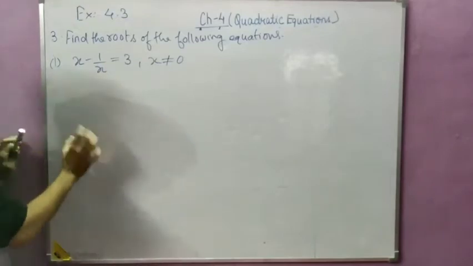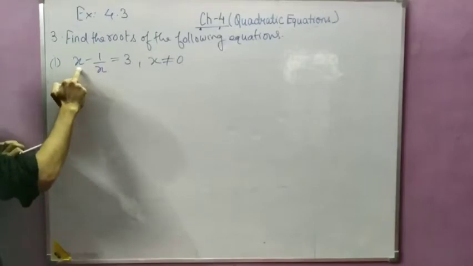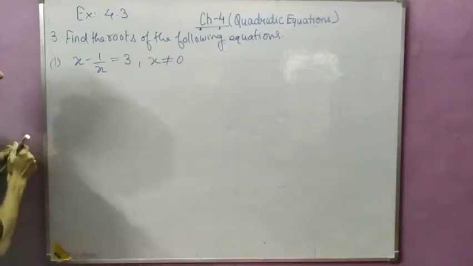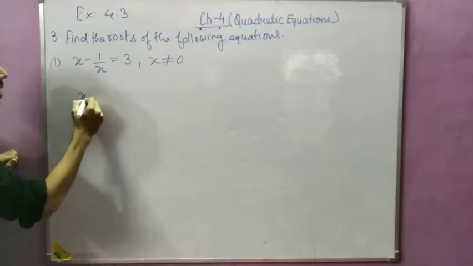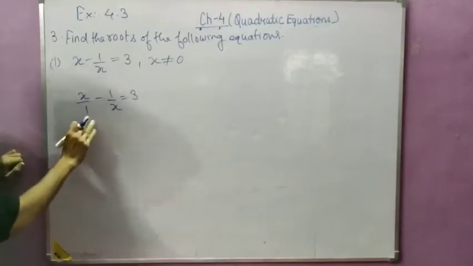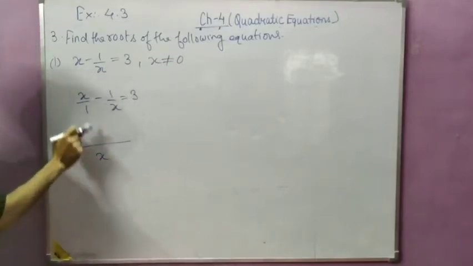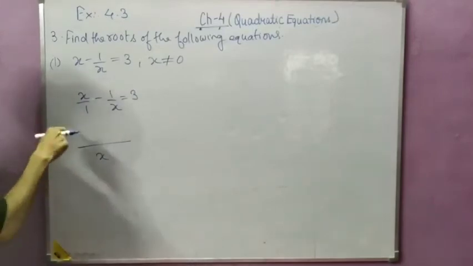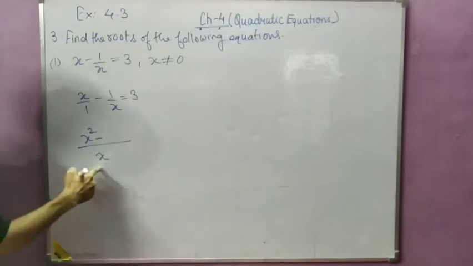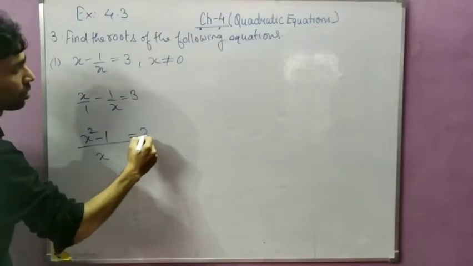See, what you do, you take the LCM of these two. This can be written as x upon 1 minus 1 by x equal to 3. Now the LCM of 1 and x will be x only. Now x divided by 1 will come x, and x into x will become x square, and minus 1 divided by x, 1 into 1 is 1, equal to 3.